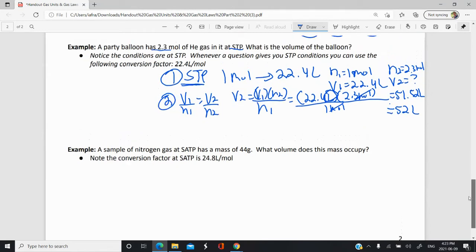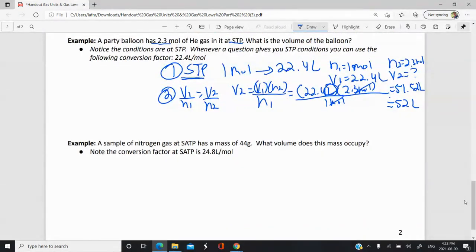So let's try our next problem out. A sample of nitrogen gas at SATP has a mass of 44 grams. What volume does this mass occupy? So remember, this is at SATP now. And we said that at SATP, 1 mole of gas would be 24.8 liters.